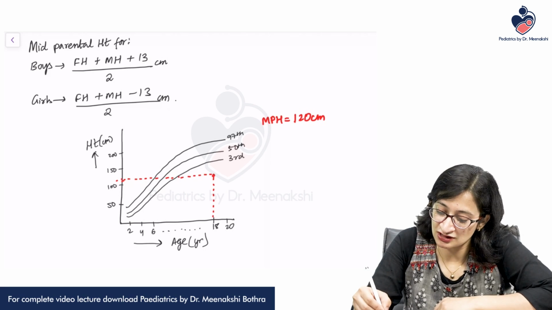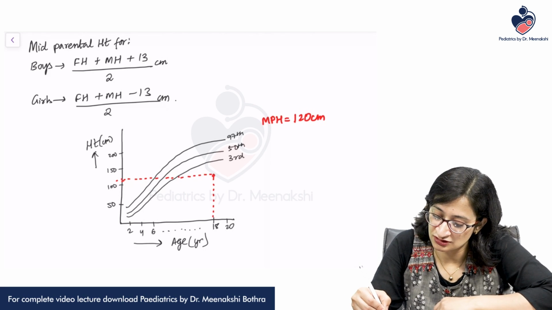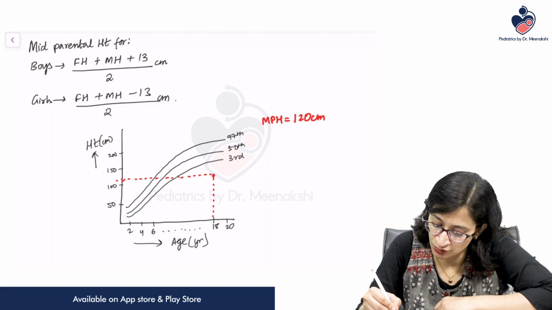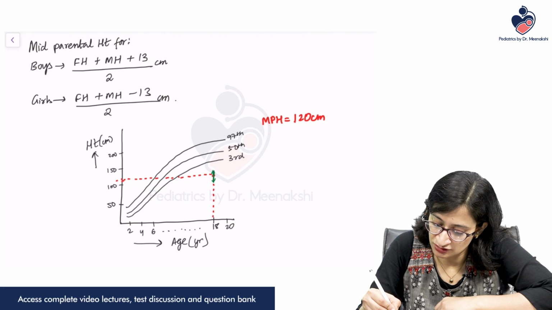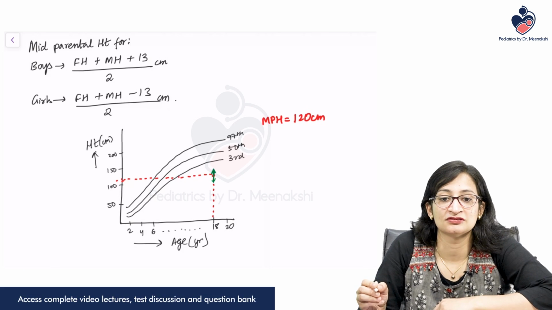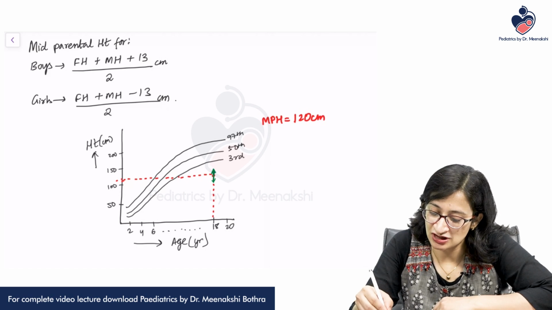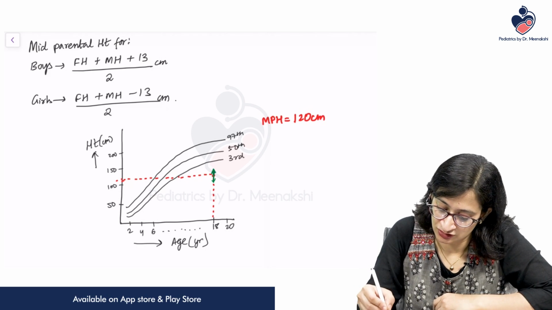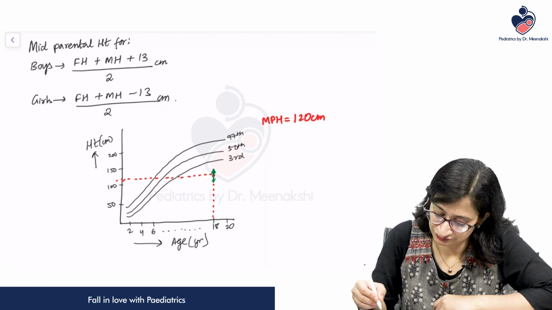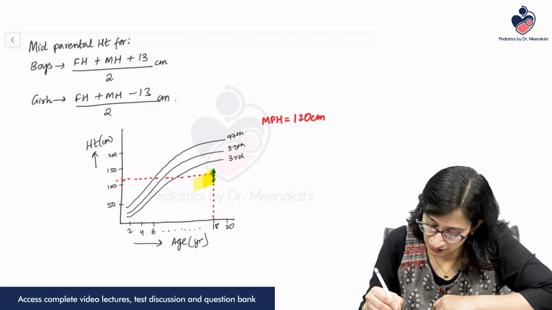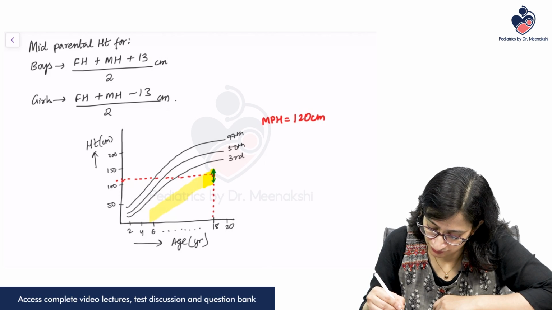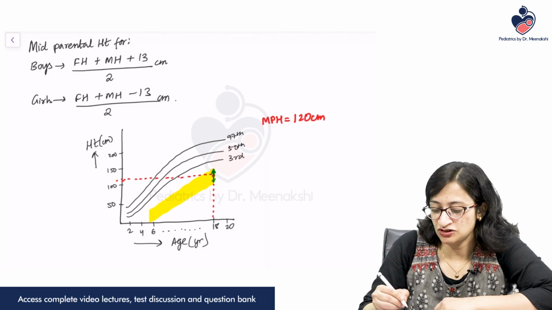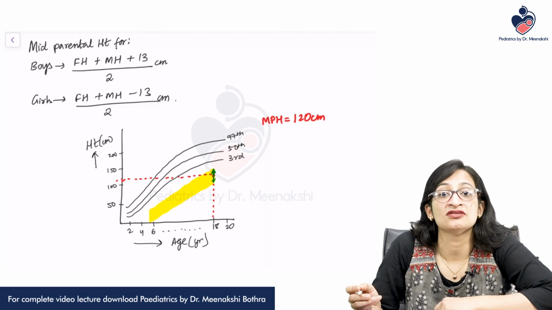So, the target height is usually taken as around 8.5 centimeters on either side of the mid-parental height. So, from here to here would be the target height for the child, okay? So, if the child's height lies anywhere in this target height zone, then we take it to be normal as per the height of his parents. Okay.